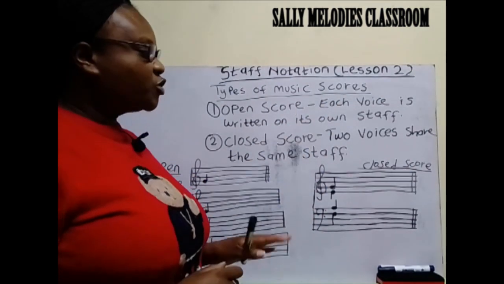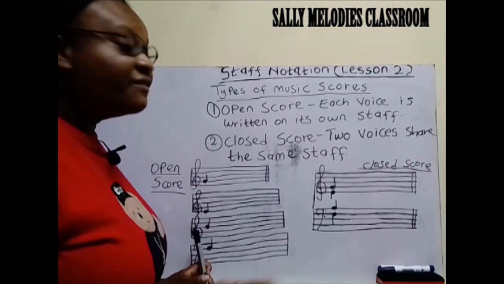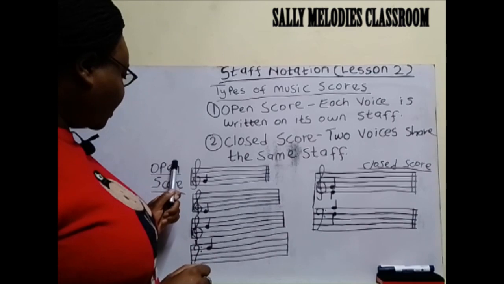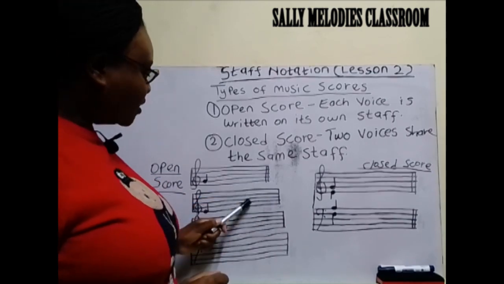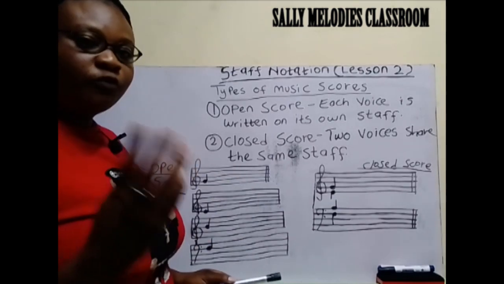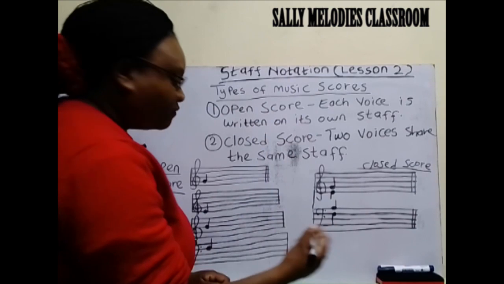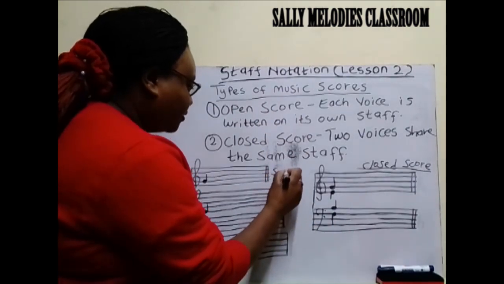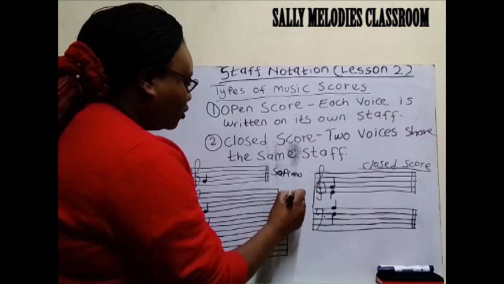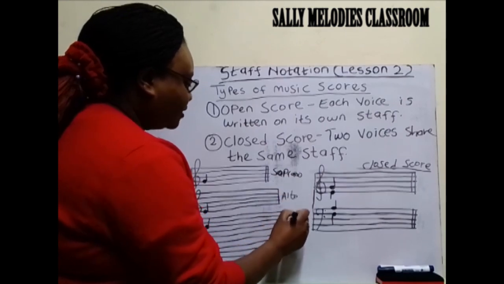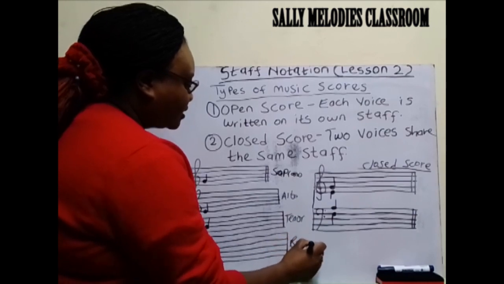I believe that one is well explained. And down here, we have an illustration. So this is an open score. We are assuming this piece of music has 4 voices. So remember, the highest female voice is soprano, alto, tenor, and then we have bass.